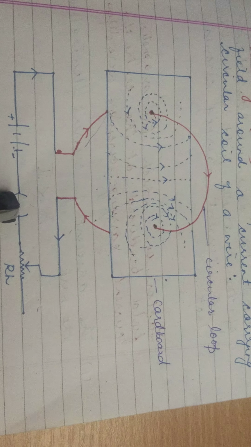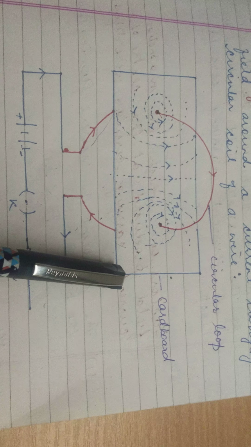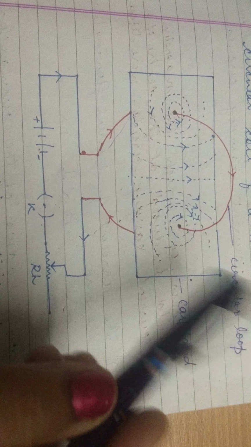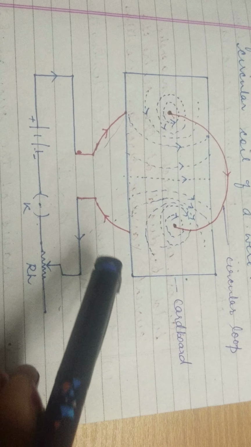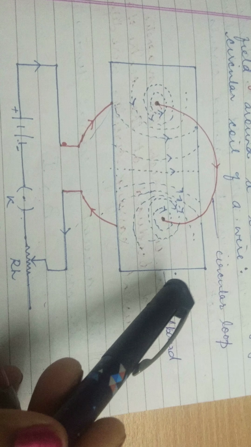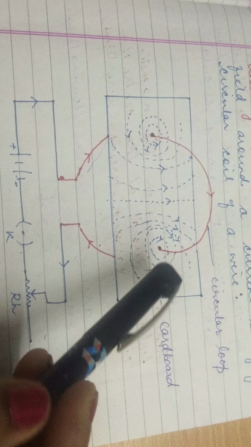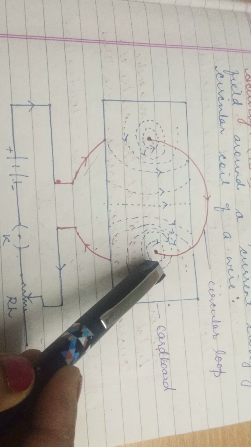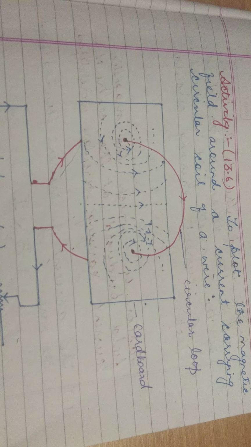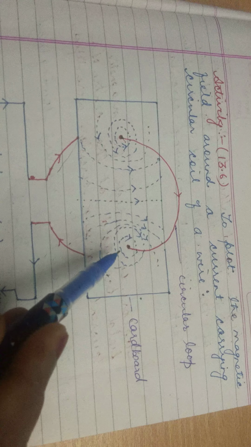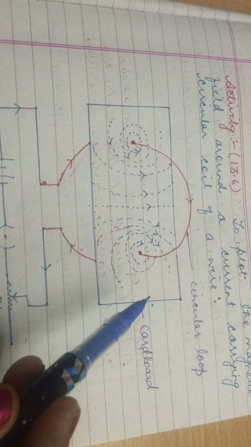Now plug the key and tap the cardboard gently. What do we observe? That the magnetic field is produced by an electric current through the circular coil of the wire. The size of the concentric circles representing the magnetic field around it would become larger and larger as we move away from the wire.